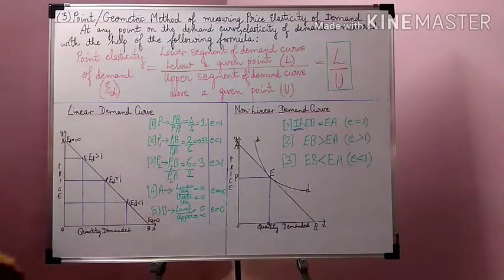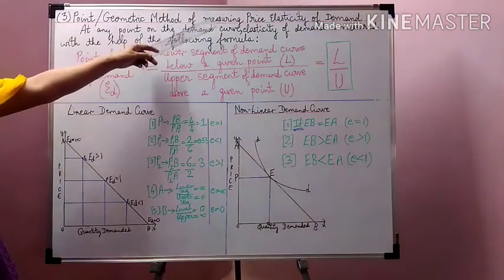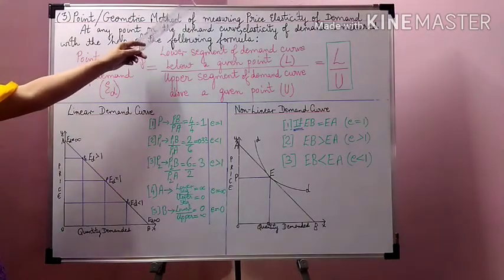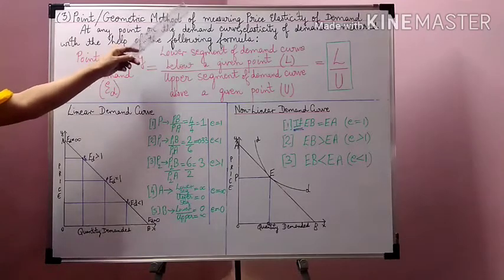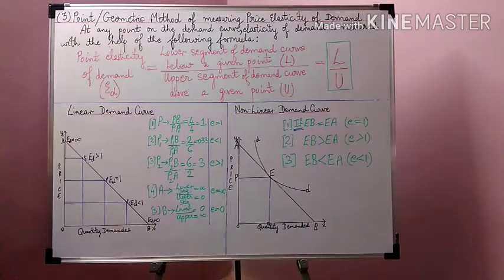The first two methods, that is ratio or percentage method and total outlay or expenditure method, do not measure elasticity of demand at any given point on a demand curve.